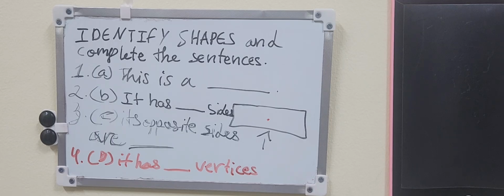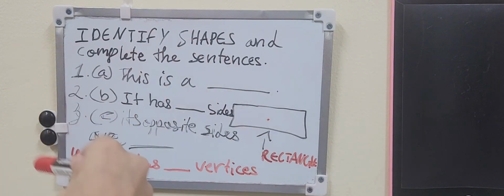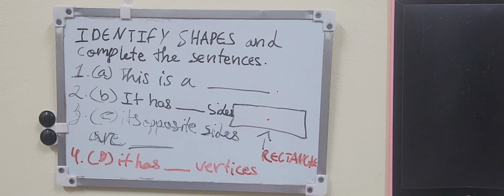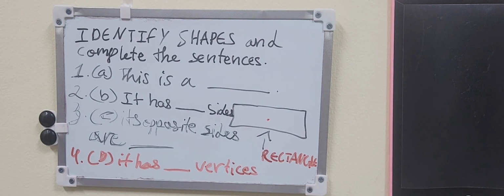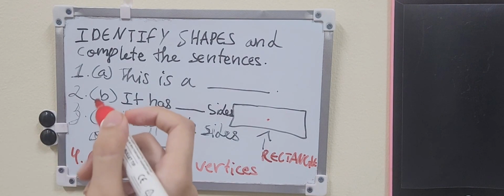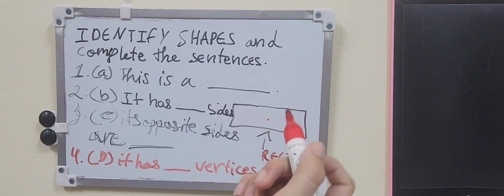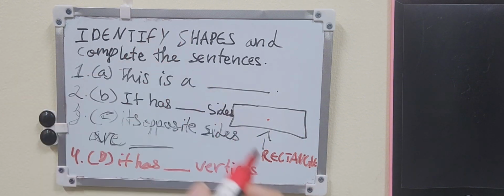So over here we have a rectangle. Now we're going to be answering the questions according to the rectangle. For number 1, which is A, this is a dash. It's already a rectangle, as I said.